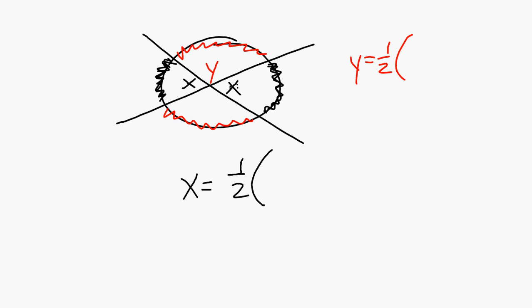Alright, so let's do a couple of example problems. Turn the page. Take a look at example 1 on the top of page 742. You got this picture, you got a couple of intersecting chords. This is your X. This arc is 130, and this arc is 84.